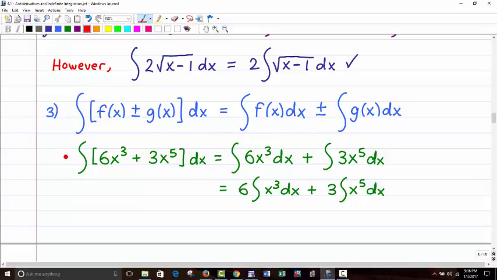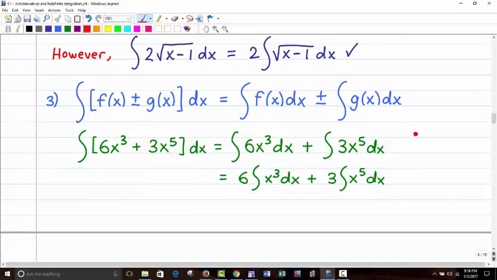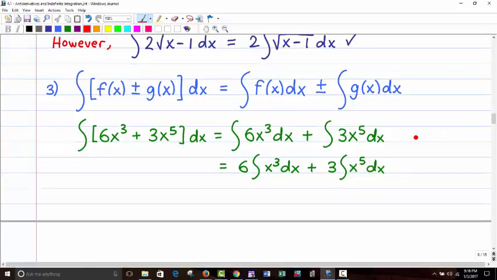So that means in this example, the integral of 6x cubed plus 3x to the fifth dx, you're technically allowed to split them up as two pieces, although you'll see later that you won't have to do that, but you are allowed to do that. And then just for grins, I pulled the 6 and the 3 out, so you can do that too if you want to, because that's the property from up here we just learned.